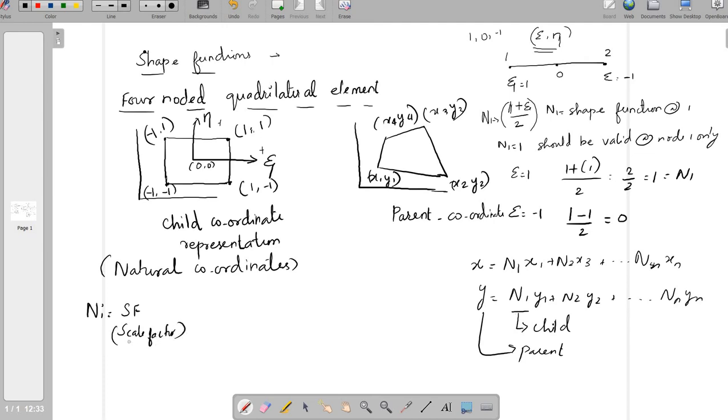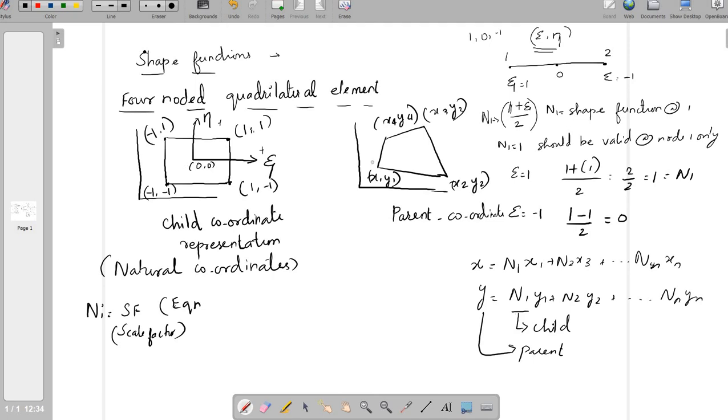It is calculated with the condition of N1 equal to 1 at node 1, N2 equal to 1 at node 2, N3 equal to 1 at node 3, and so on. So the scale factor we are going to find out. If you consider node 1, this node 1 is the multiplication of the equations of the opposite edges.